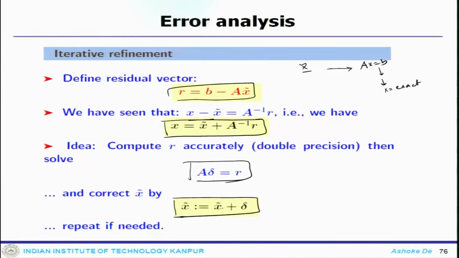What happens if the residual vector tends to 0, that means the solution is going towards convergence, then this delta would also tend to 0, and the approximate solution will reach towards the exact solution, and this is what is done in the iterative process.